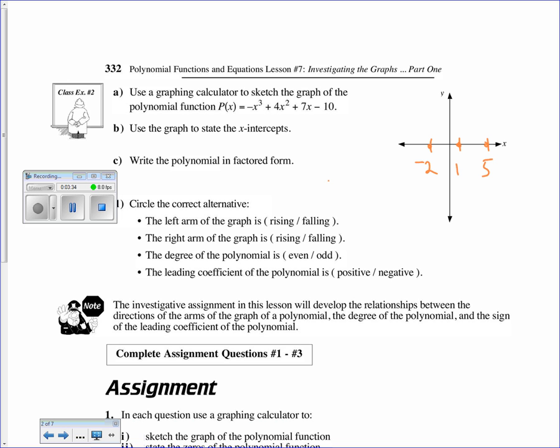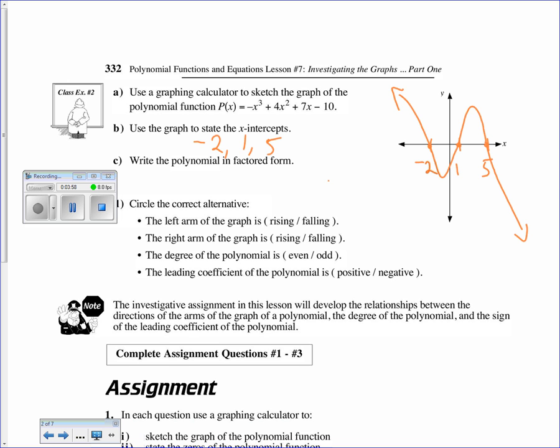I come down through -2, I come up through 1, and then come down through 5. This is just a sketch, but I want to make sure that I include the arrows which indicate that the graph continues to infinity in both the negative x and the positive x direction. So my x-intercepts are -2, 1, and 5.